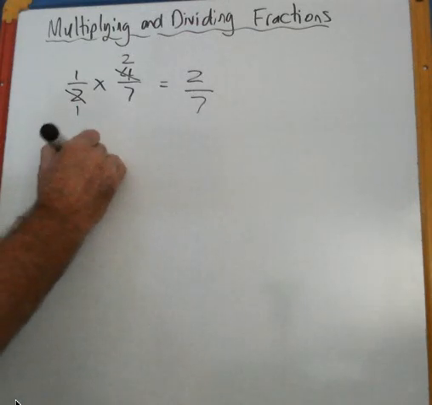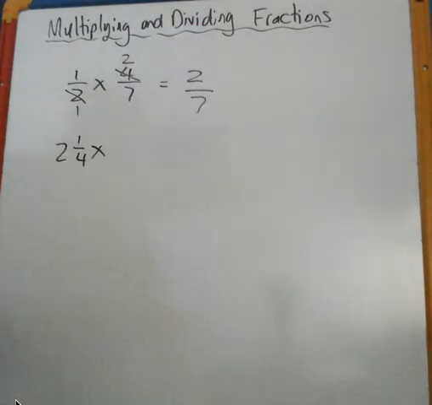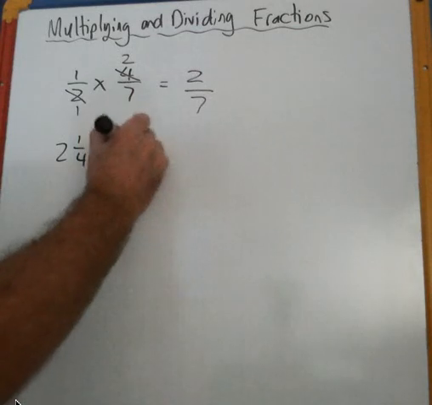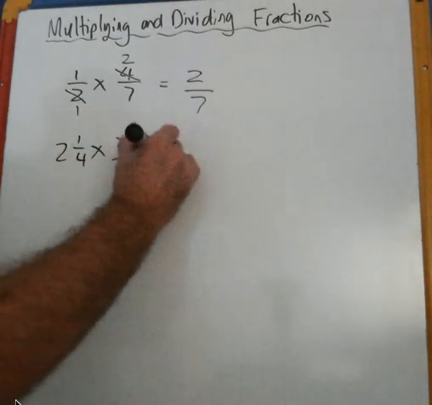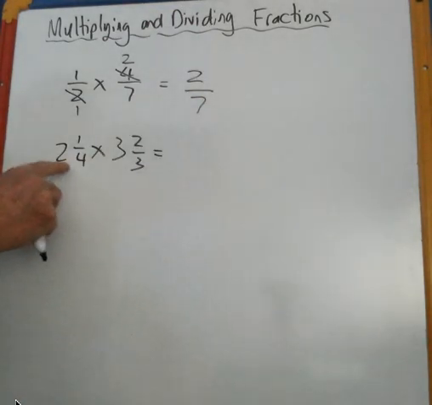If there is a mixed number, or both are mixed numbers, it's exactly the same, except there's just one more step. First thing we have to do is change the mixed number into a top heavy fraction.